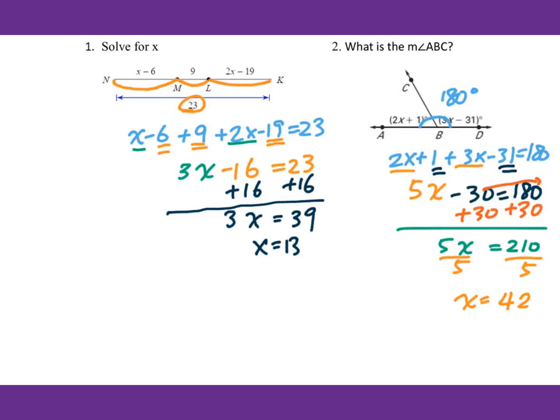Since we are looking for the angle ABC, that's 2x plus 1. So when you get this x, you have to plug it into 2x plus 1. Therefore, it will equal 2 times 42 plus 1 equals 85 degrees.